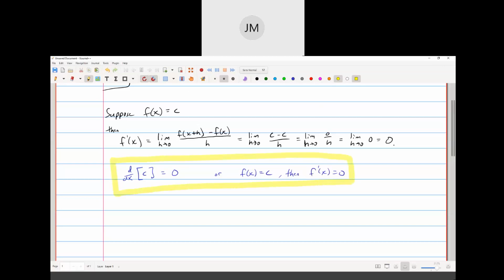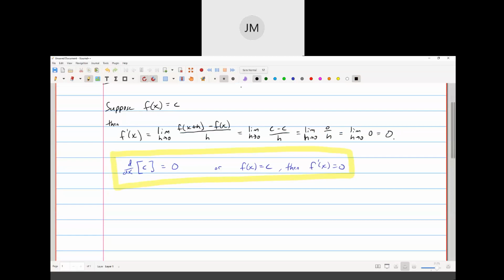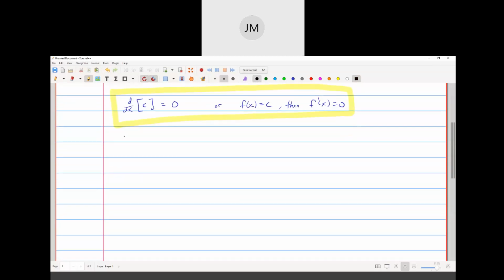Now let's step things up just slightly and look at a function x. Suppose f of x is equal to x.